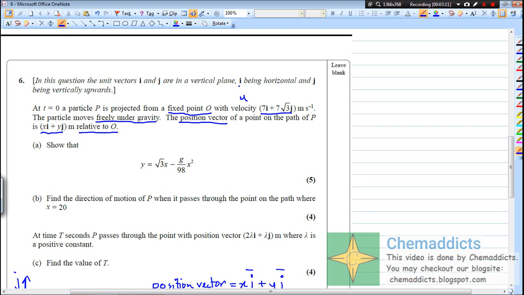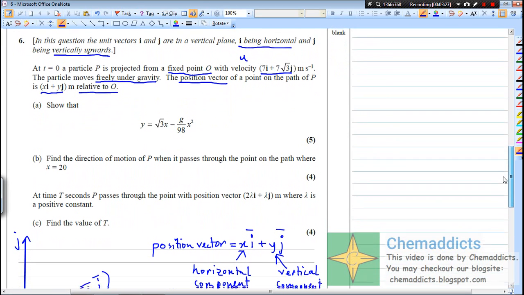Here it is already stated that I is horizontal and J is vertically upwards. So now let us draw a diagram using this information, using this equation.